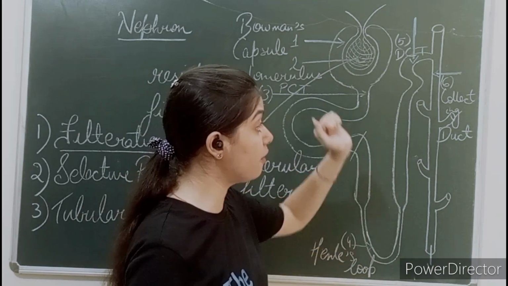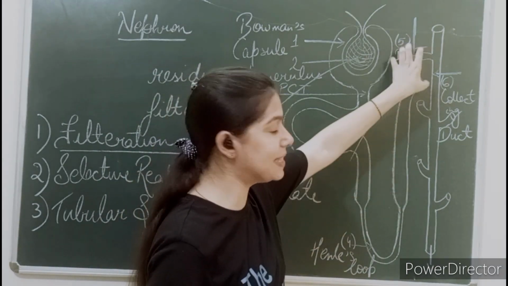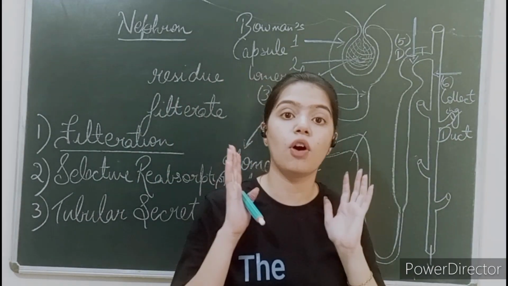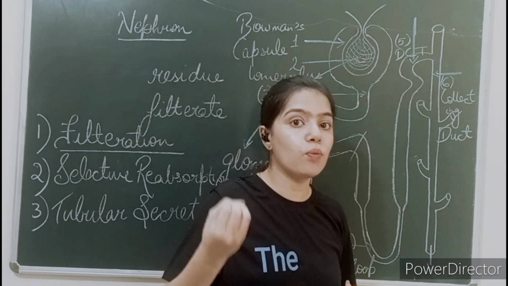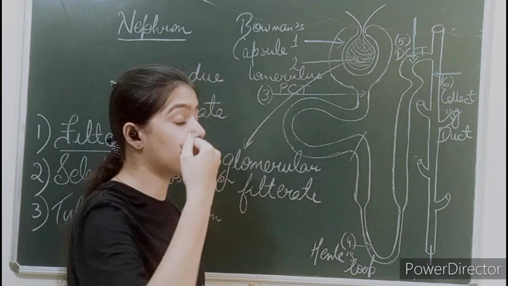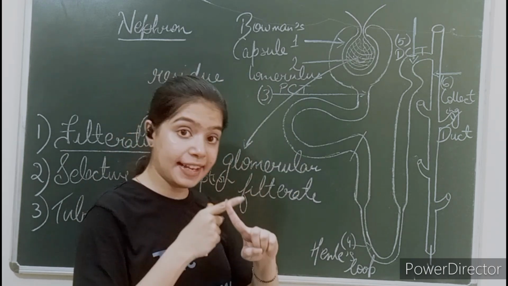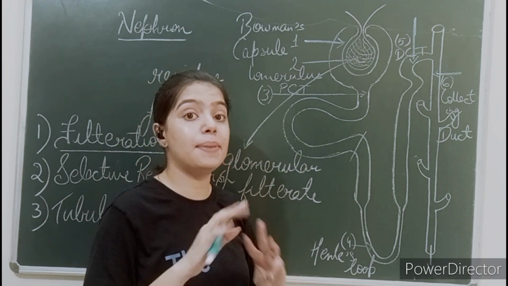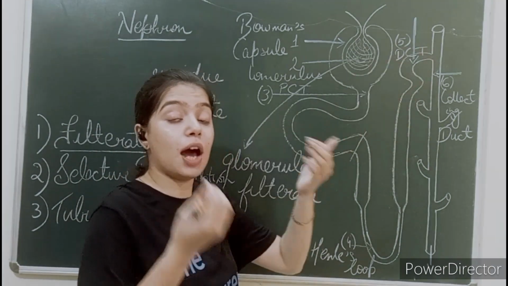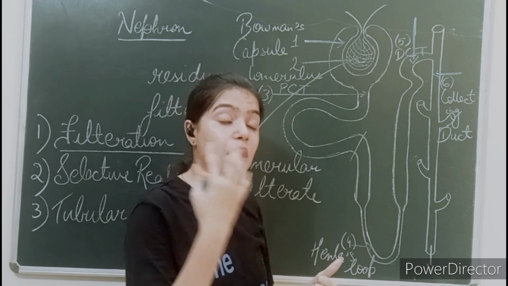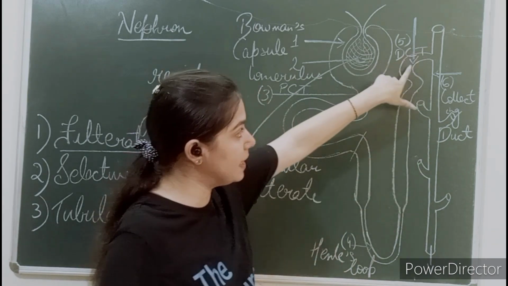Now the glomerular filtrate will pass to the DCT, the end of the convoluted tubule. This distal convoluted tubule is responsible for removing creatinine and urea, which our blood does not need, and the maximum reabsorption of water which our nephron can reabsorb takes place in the DCT.